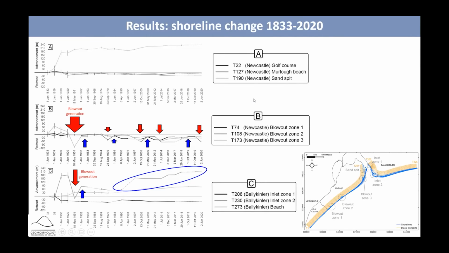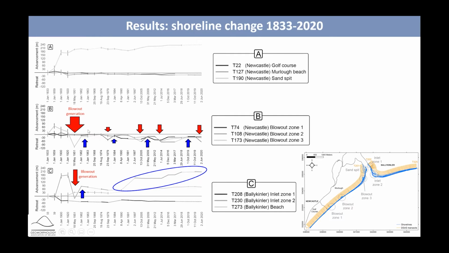Going again more into the details of the shoreline change, in Marlog and Newcastle, you can see how the only feature which is growing is the sand spit, even though in most recent years the advancement almost stopped, so the geomorphic feature is quite stable. The rest of the beach is not experiencing a huge erosion.